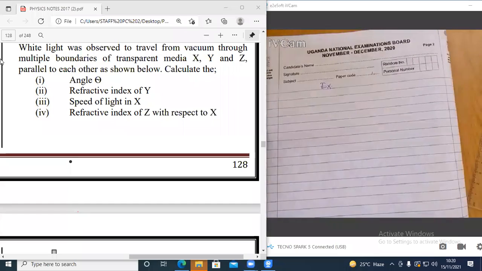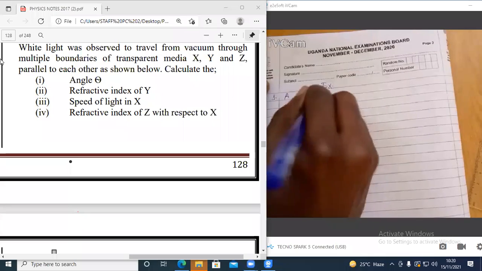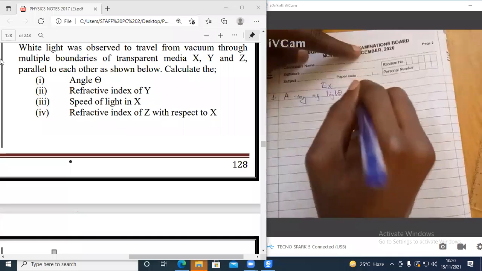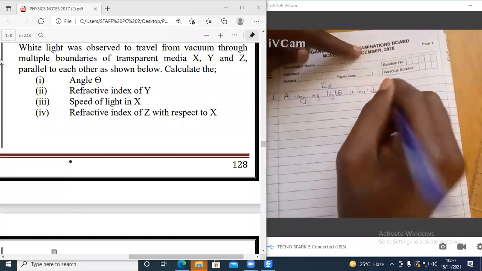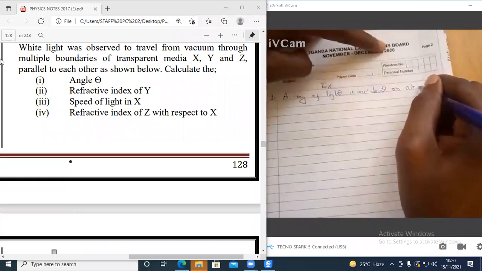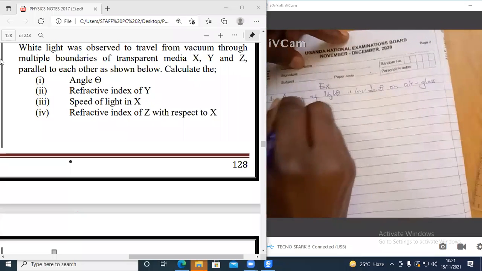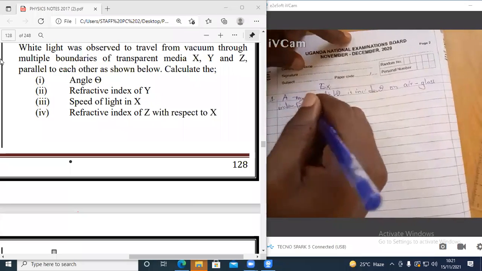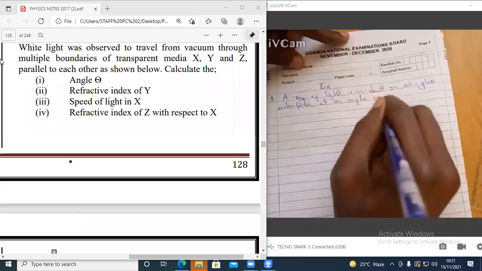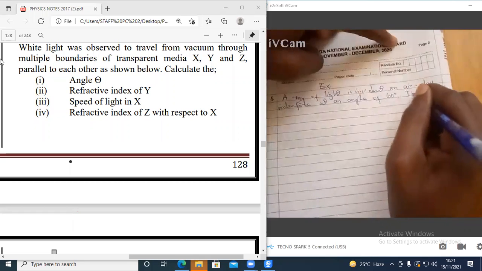Let's try. Number 1: a ray of light is incident on an air to glass interface at an angle of 60 degrees.